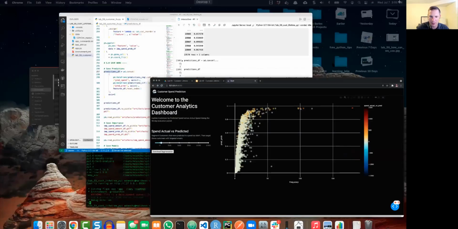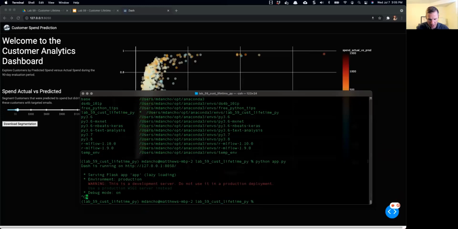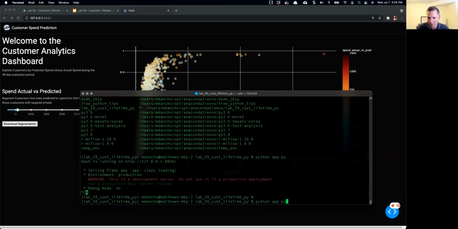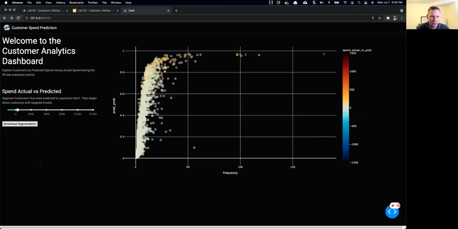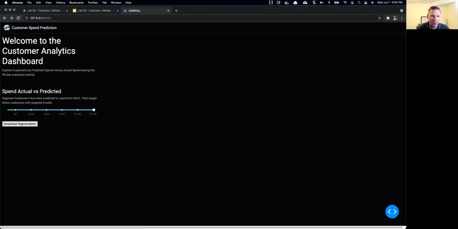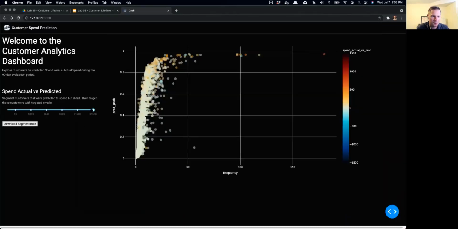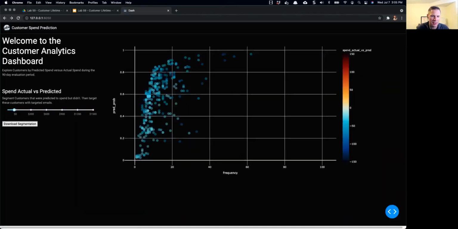Whoops, I might not have it running right now. Yeah, I need to rerun my app. So this is refiring up. There it goes.